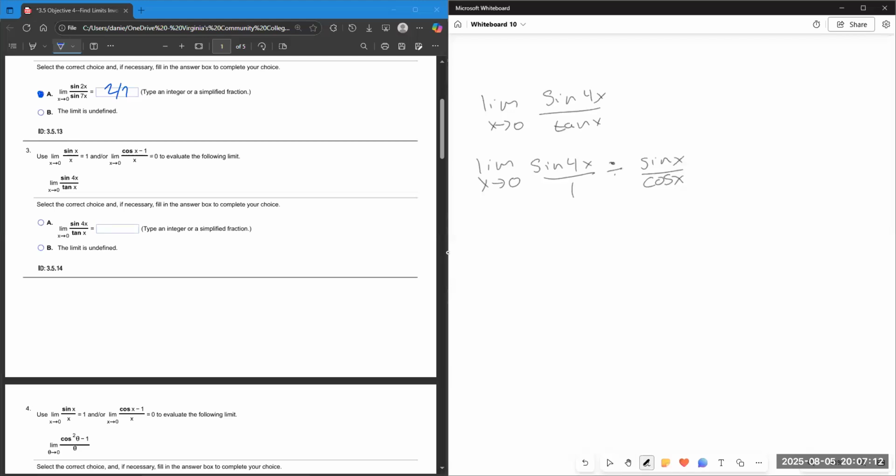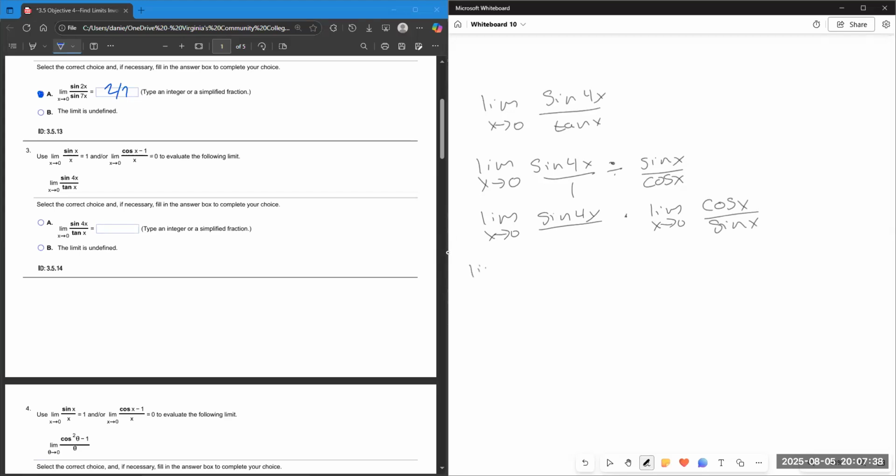Put that over 1. This is limit as x goes to 0 of sine 4x times limit as x goes to 0 of cosine x over sine x. All right.